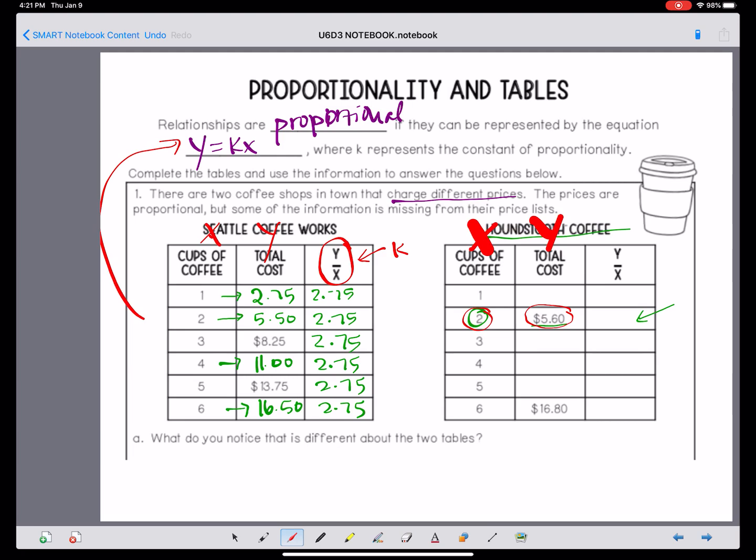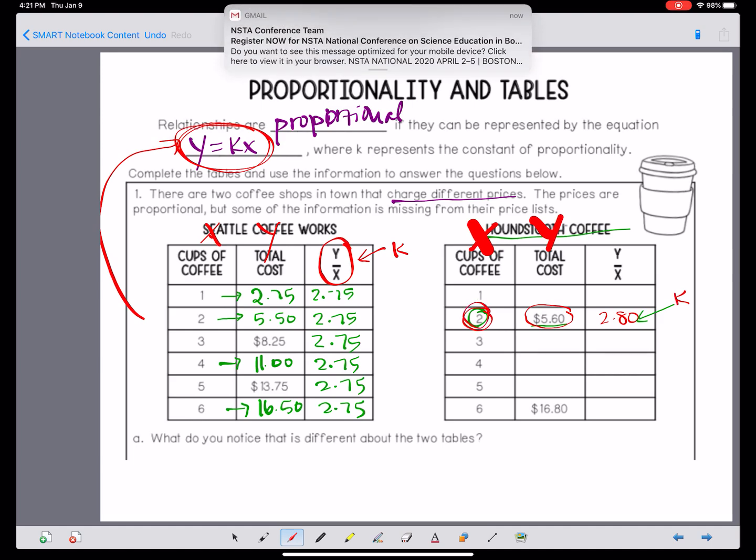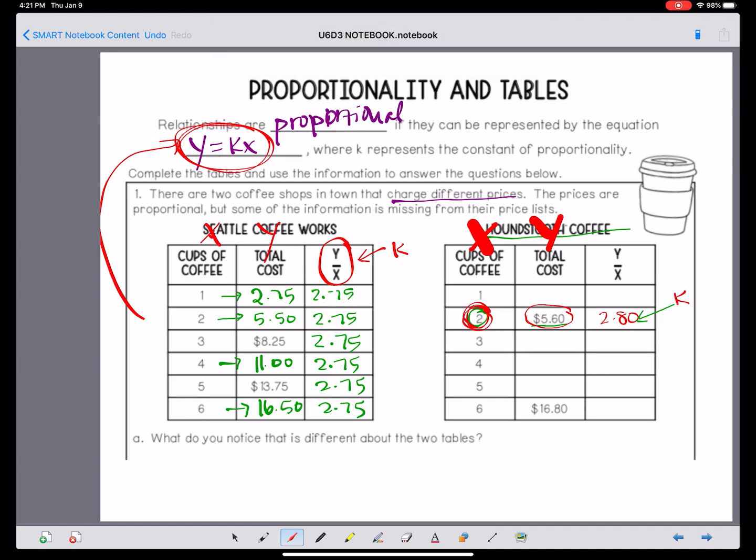And if we do that, we are going to get $2.80. So I know, because of this equation up here, y equals k times x, that $5.60 will be equal to my k value, which is $2.80, times my x value, which is 2.